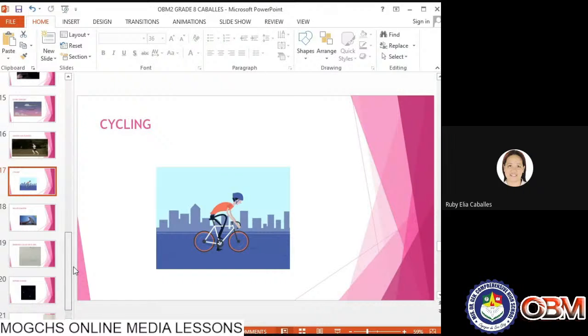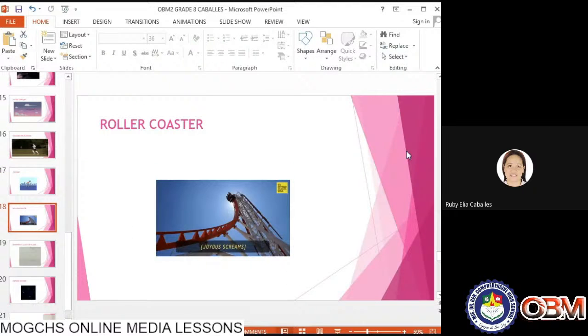Okay, next example is, wow, roller coasters are fun to ride, isn't it? But have you ever given a thought about your wagon during a free fall? Well, when the wagon in the picture of a roller coaster is at the top, it has zero kinetic energy because the wagon is at rest.